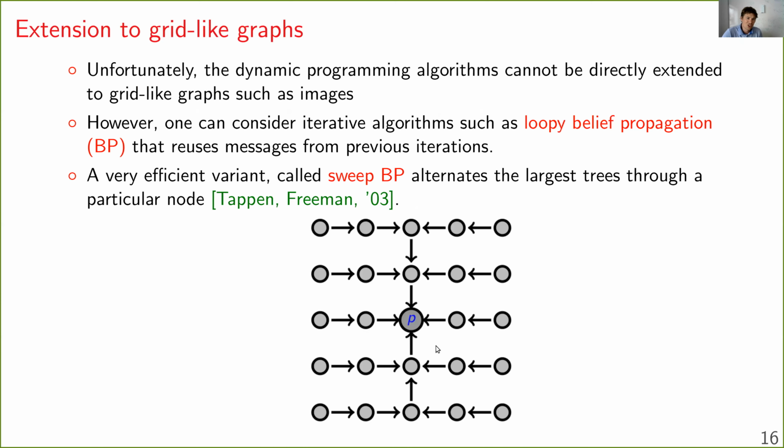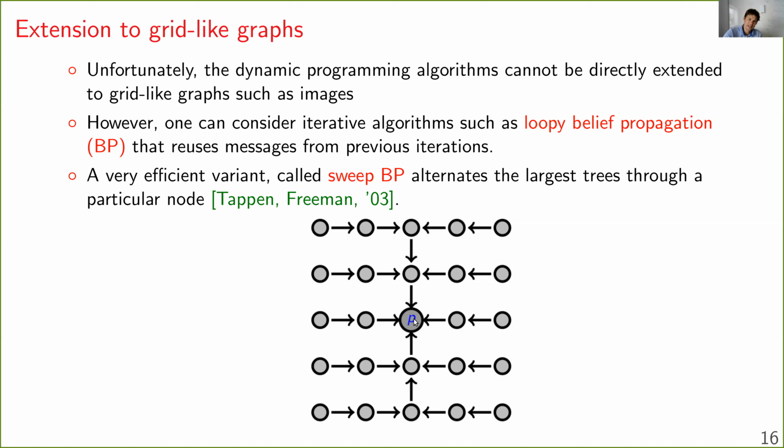So what about an extension to grid-like graphs? Unfortunately, this dynamic programming just works on chains, or more generally on trees. Here you have represented a tree that spans a pixel grid, one of the largest trees you can put on a pixel grid. You can, for example, compute the min-marginals exactly in this point by propagating all these messages to this node.